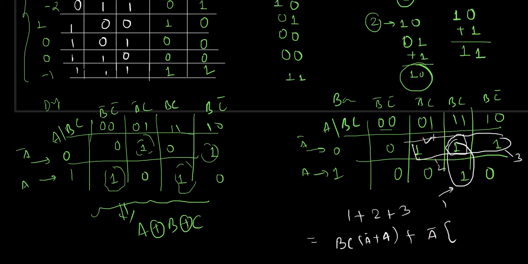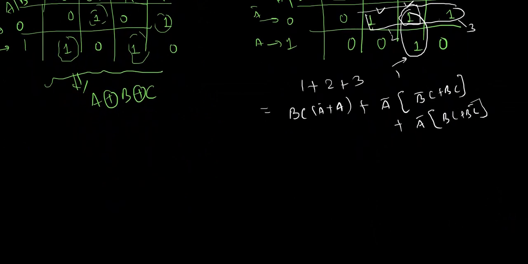My columns are varying, these two columns. So I will write it as B bar C plus BC. For the third case, again the row is fixed, it's A bar, and the varying part is BC plus BC bar. So if I simplify the result, A plus A bar is 1, so I will be left with BC.